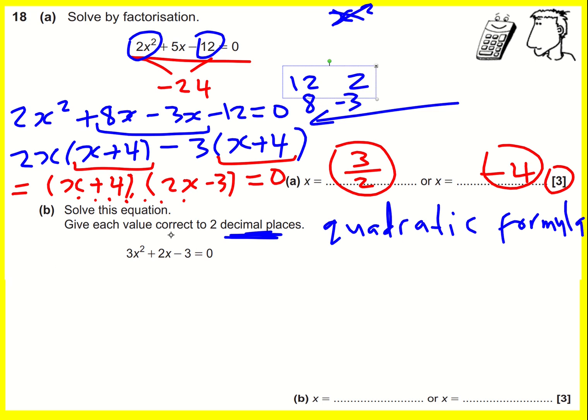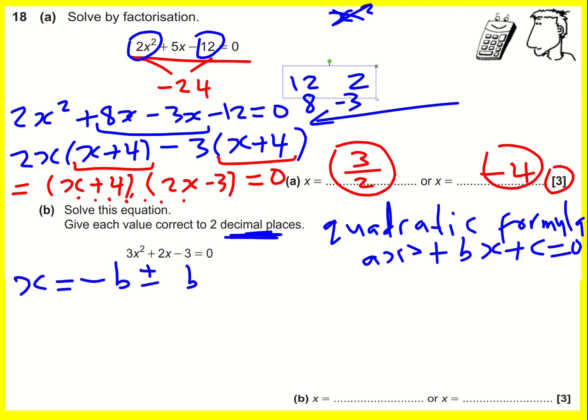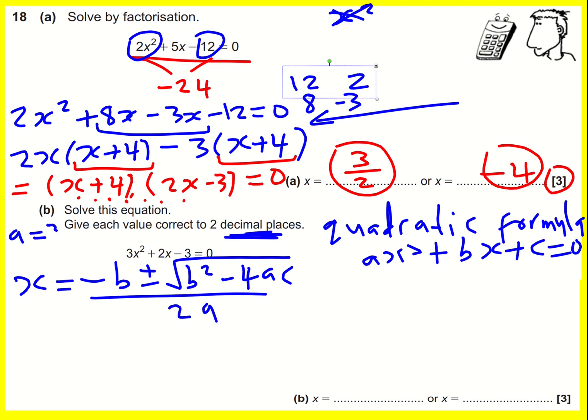So the quadratic formula says the solution to an equation ax squared plus bx plus c equals 0 is x equals minus b plus or minus the square root of b squared minus 4ac, divided by 2a. For us, we've got a is equal to 3, b is equal to 2, and c is equal to minus 3.